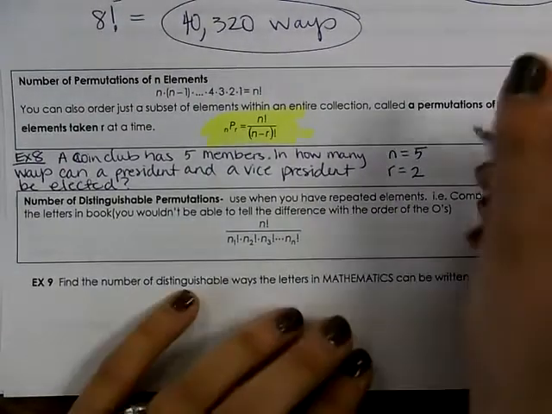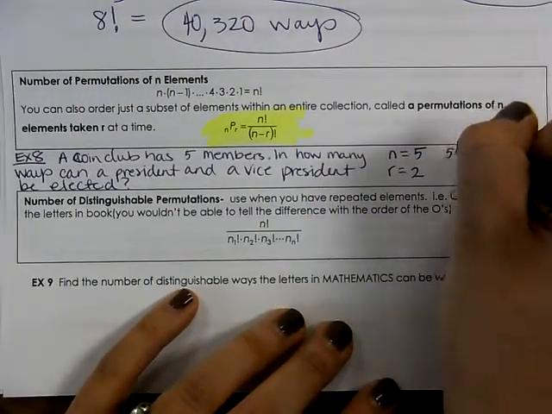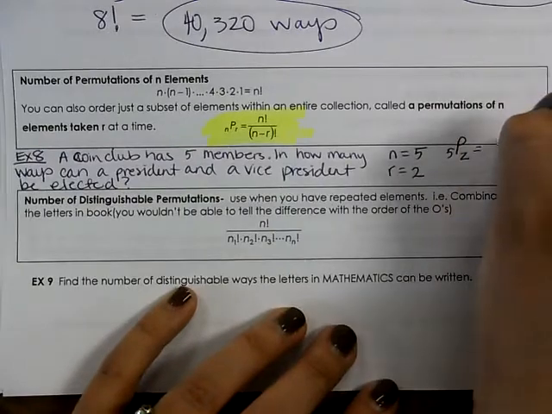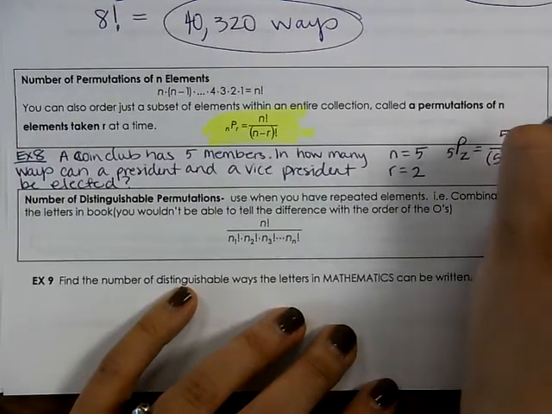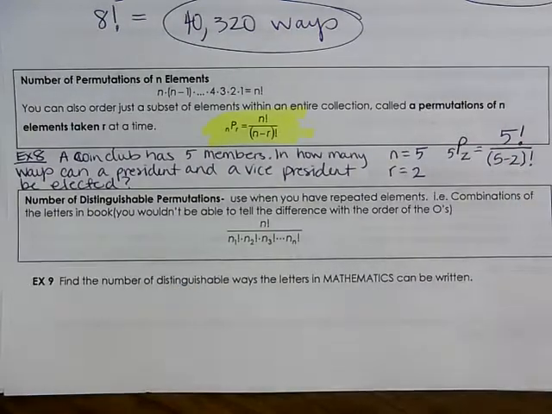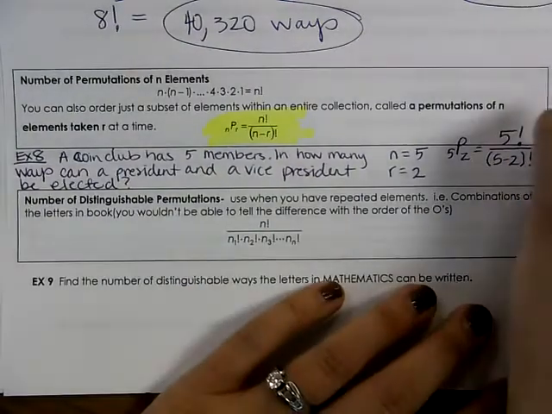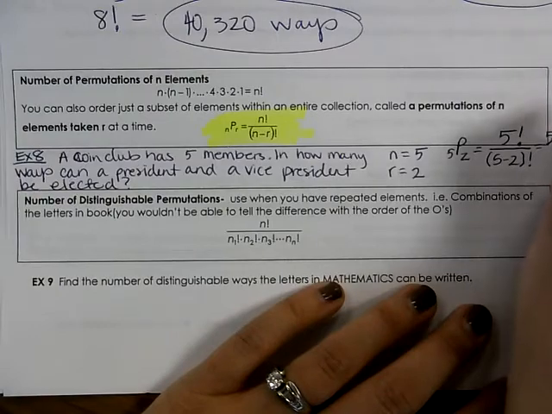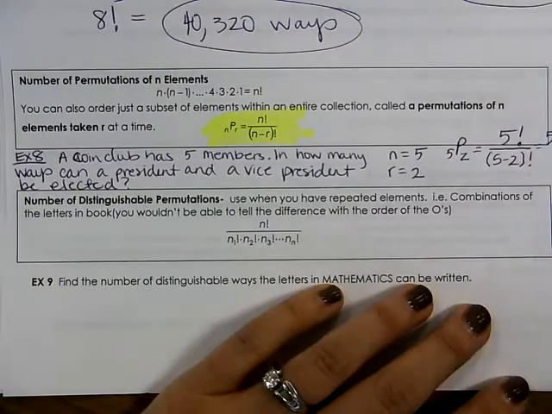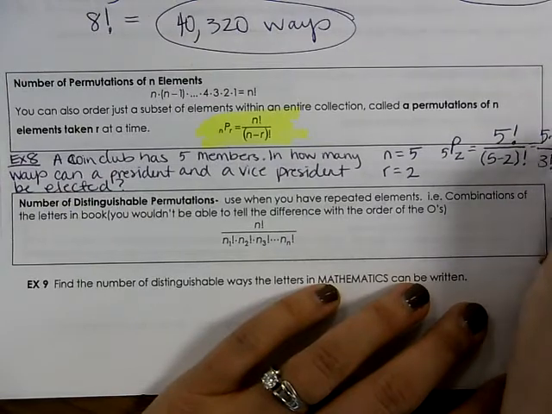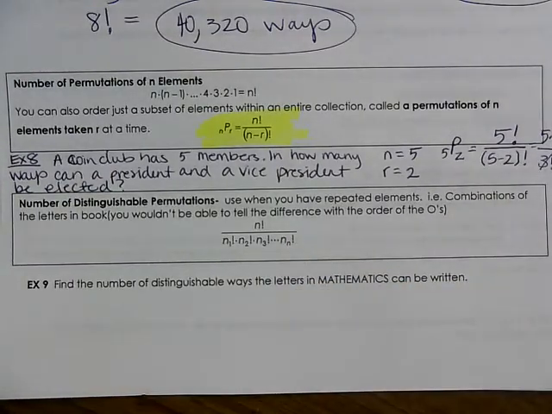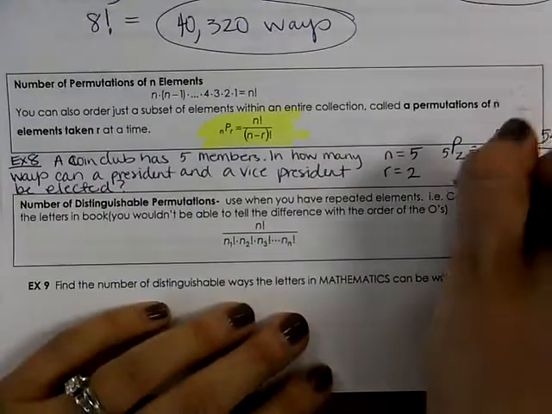So now you just plug in the formula. So I have 5P2, which is 5 factorial over 5 minus 2 factorial. Simplifying this, we have 5 times 4 times 3 factorial over 3 factorial. So we get those 3 factorials to cancel, and we get 20.